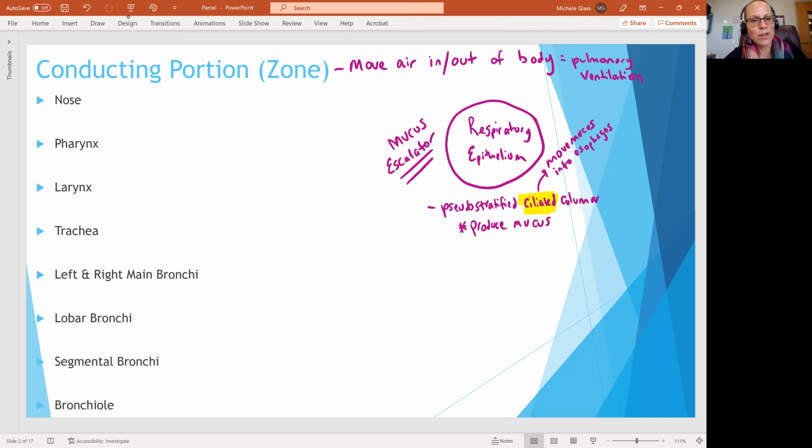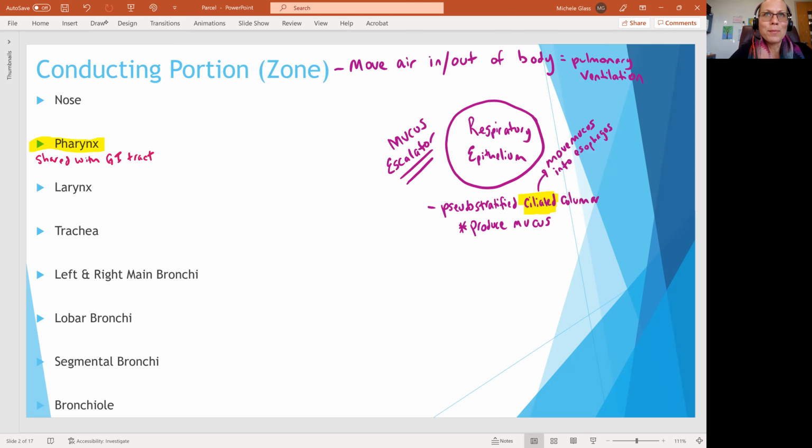As we look at our list of our conducting portion, we're expecting all of these areas to be lined with this respiratory epithelium, except let us highlight the pharynx. So the pharynx we're going to see is shared with the digestive system or the gastrointestinal system or GI system. And I'm just going to say GI tract here.